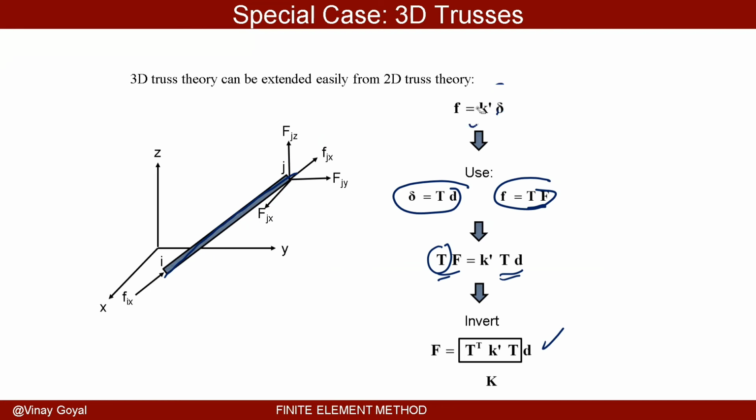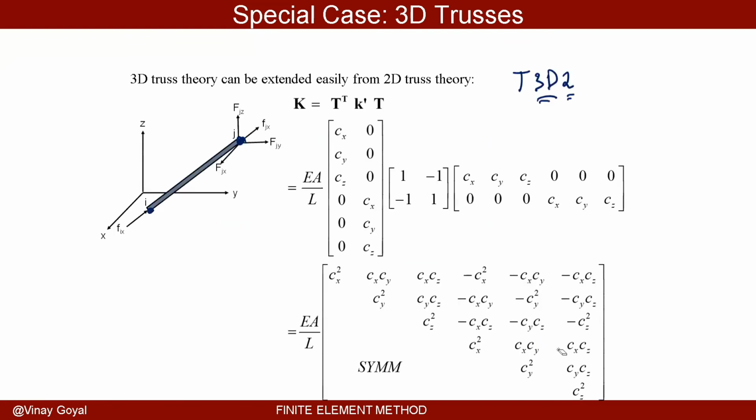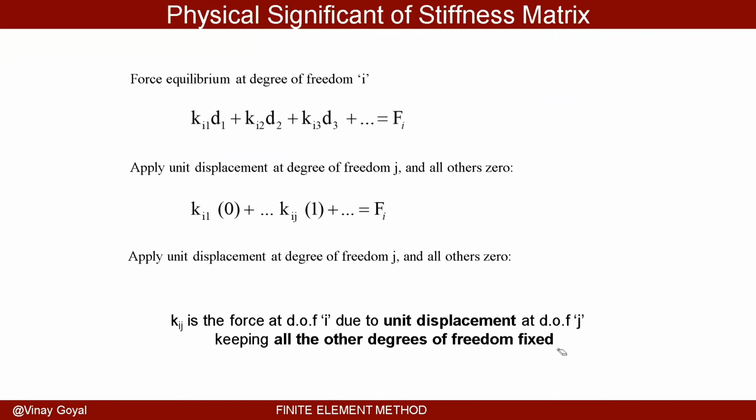These equations here are for the local element. And all I've done is gone through the process to get the global forces in terms of global deflections so that I can then use it to assemble trusses that are in different orientations. But this is what we got, and it's beautifully done.